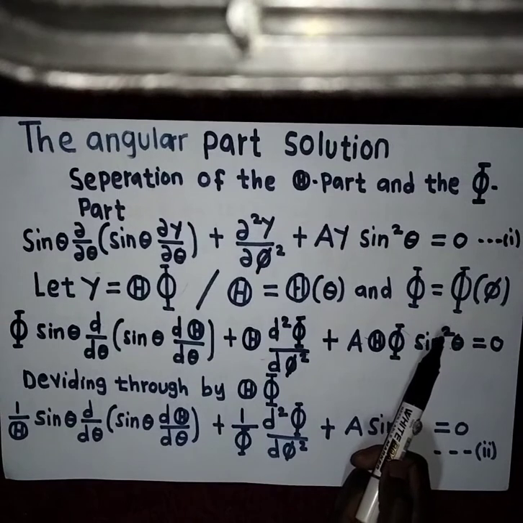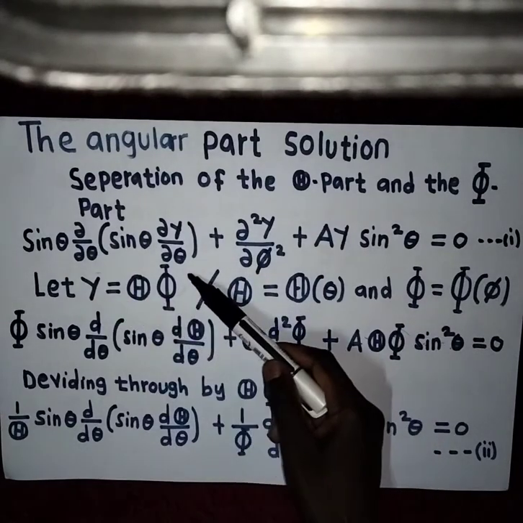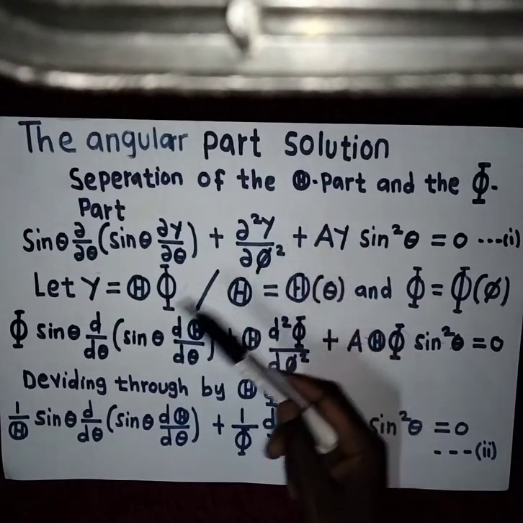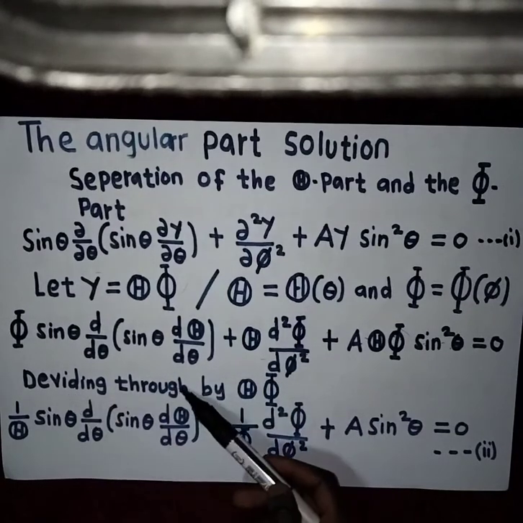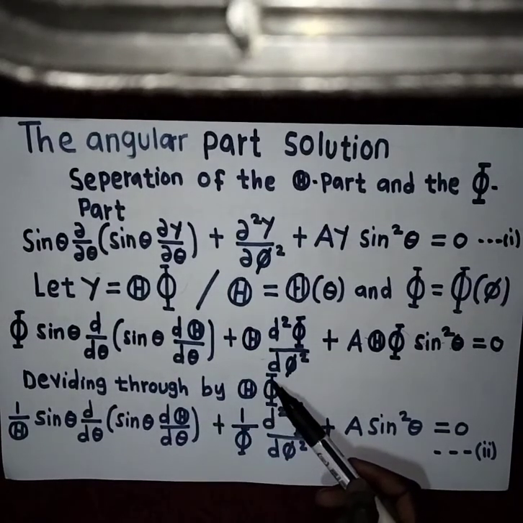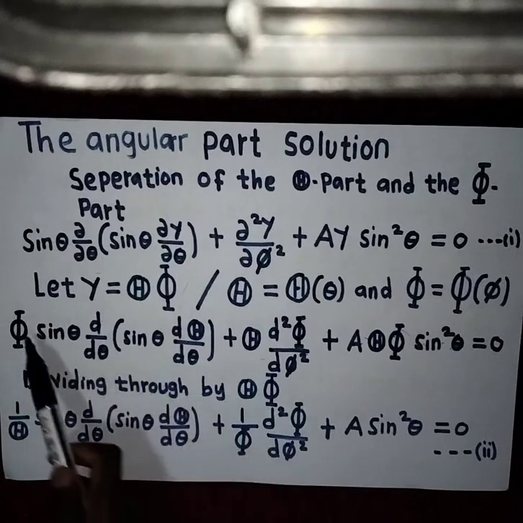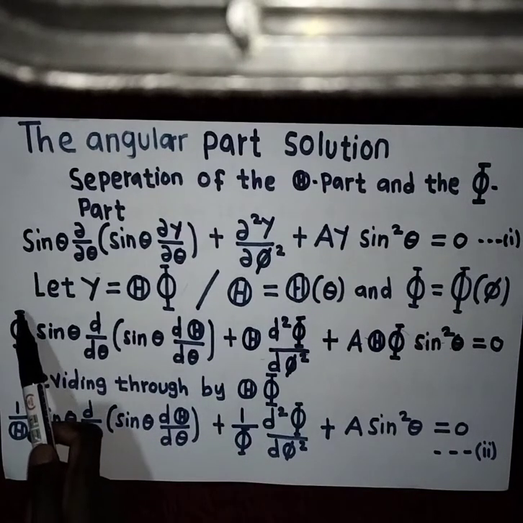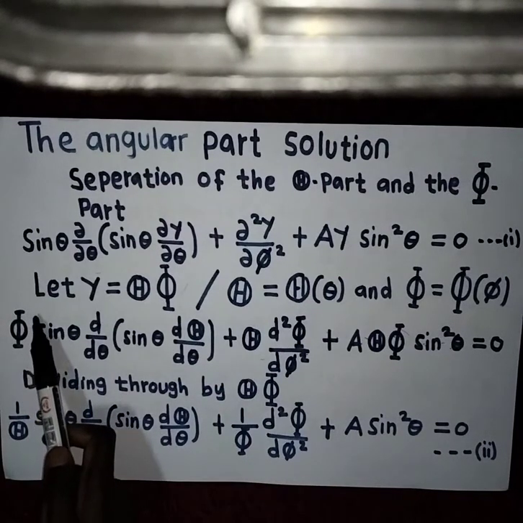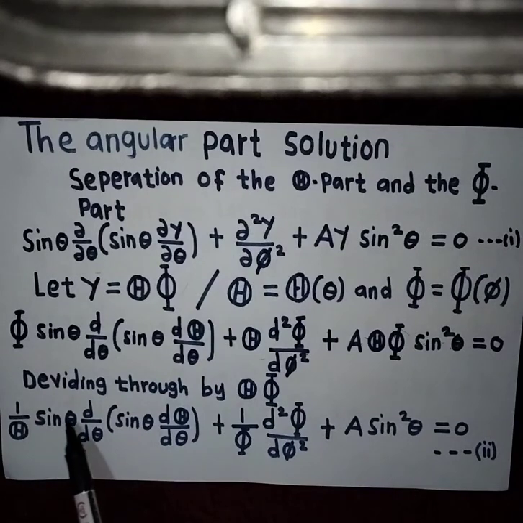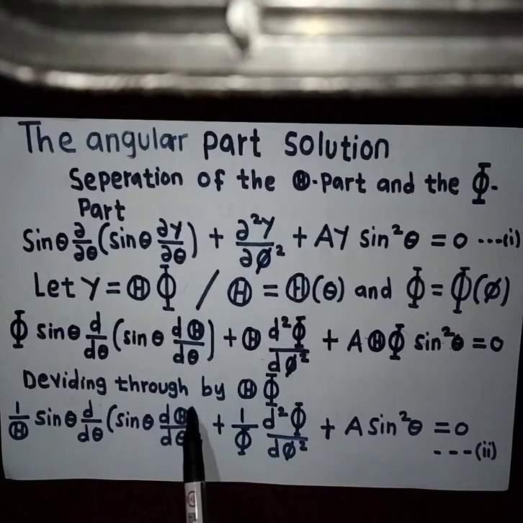The next thing I do is divide through by theta phi. If I divide by theta phi, phi will cancel phi, and I remain with 1 over theta, sine theta d theta into sine theta d theta over d theta.